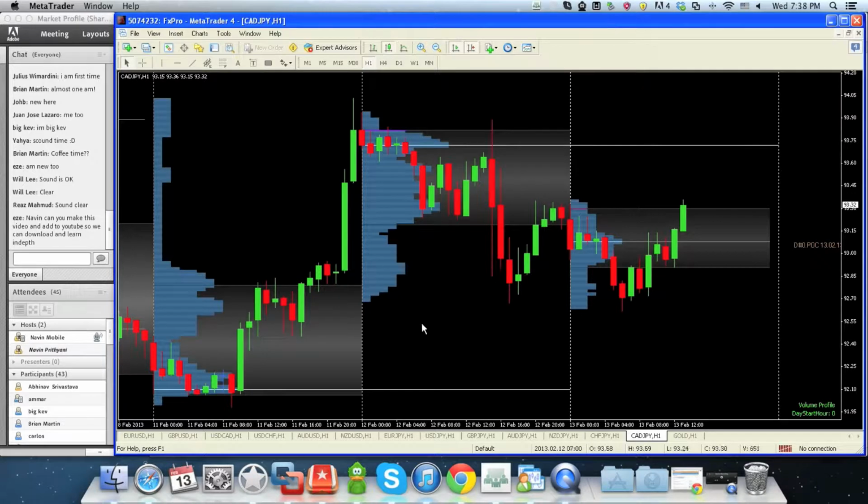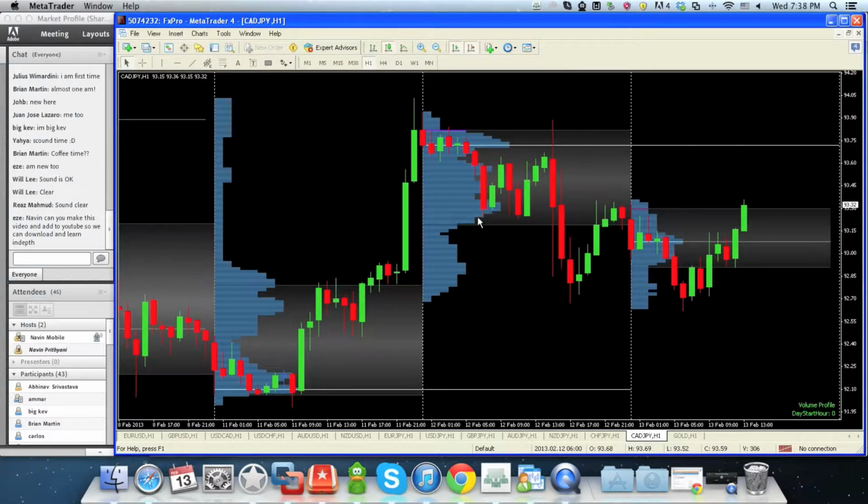Alright, let's get started here. The main aspect is that we want to catch the areas of the lowest activity. The lowest activity areas are where the market tends to react from. This is usually a strong support or resistance area.